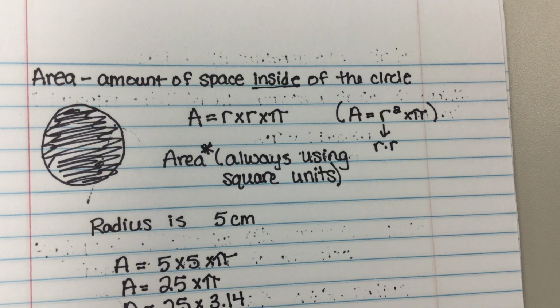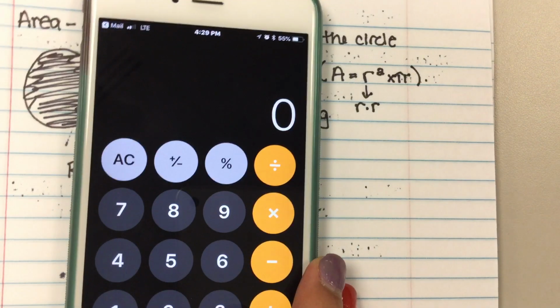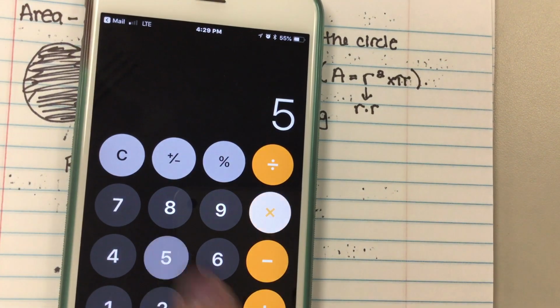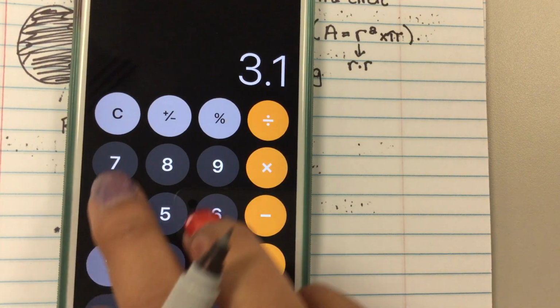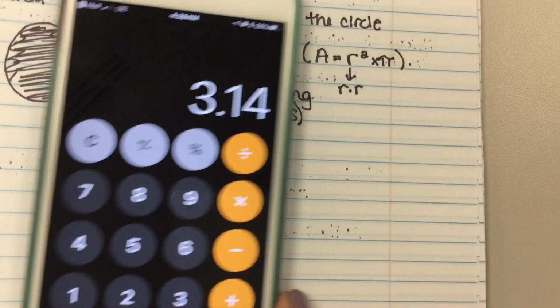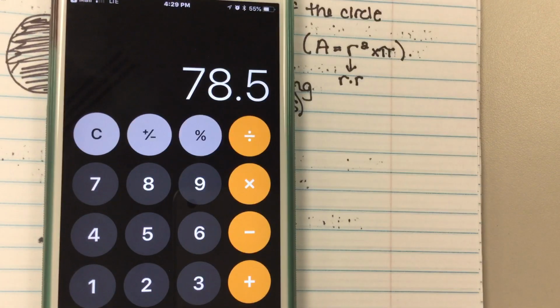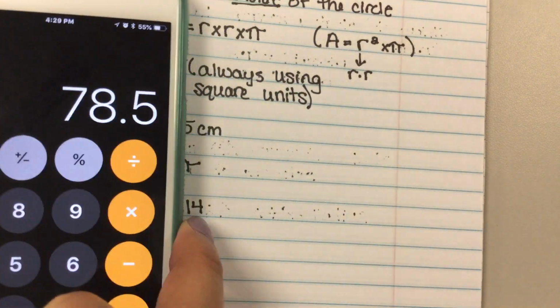Pull out my calculator here. So 5 times 5, 25 times 3.14, and you're going to get 78.5.